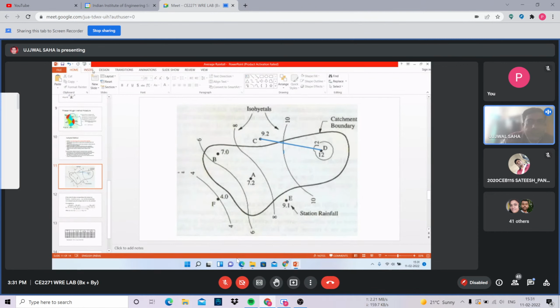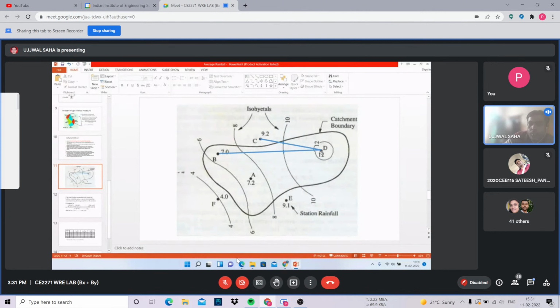Like this way, I can join station B to station D. Here it is 12, here it is 7. So obviously rainfall should reduce, if rain is happening non-uniformly but everywhere.